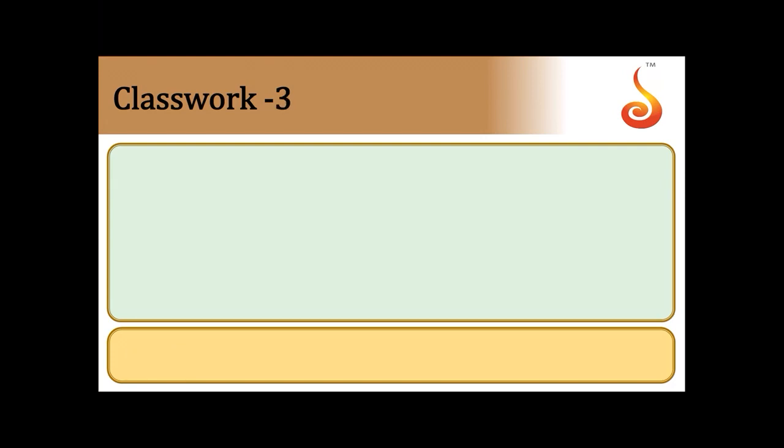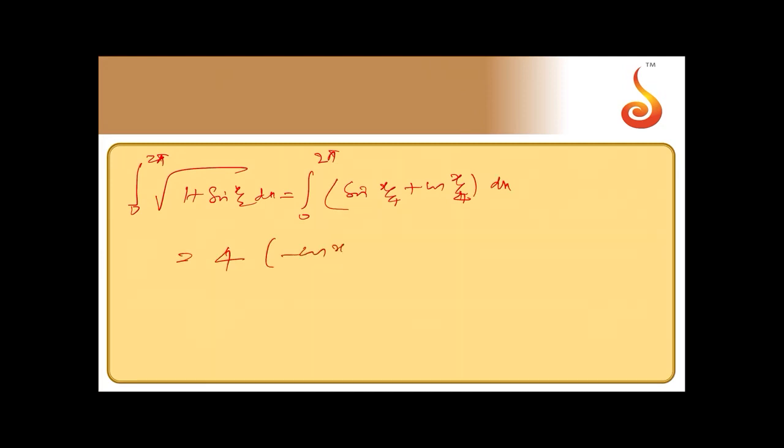See the answer. Third one: integral from 0 to 2 pi of root of 1 plus sine x by 2 dx. And of course, 1 plus sine x by 2 is sine x by 4 plus cos x by 4, whole square. The square gets cancelled by the root, so we'll be getting 4 times minus cos x by 4 plus sine x by 4, from 0 to 2 pi.